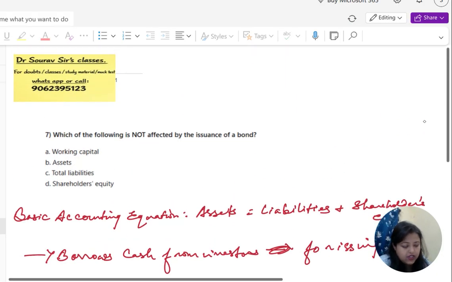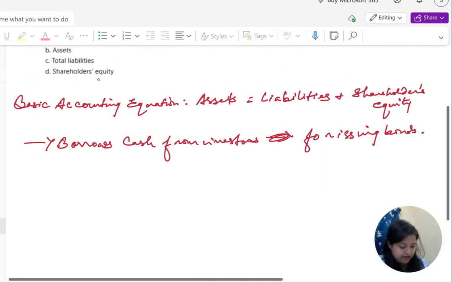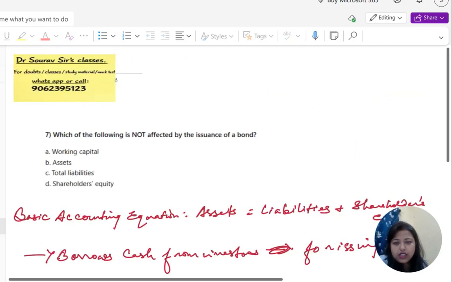Now, analyze the effects of issuing a bond. First is working capital. Which of the following is not affected?